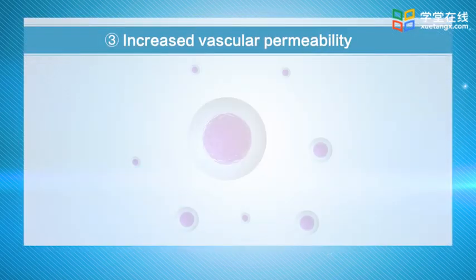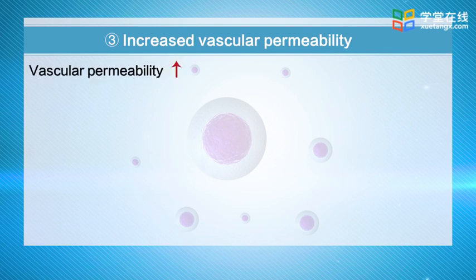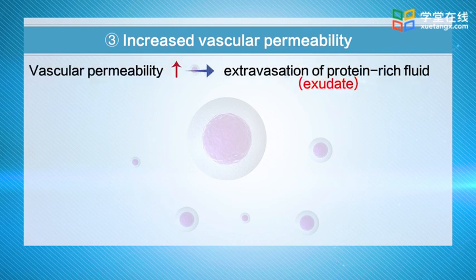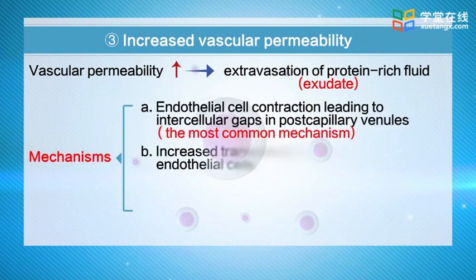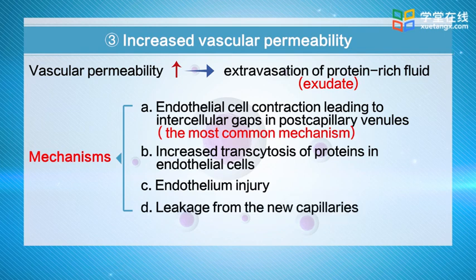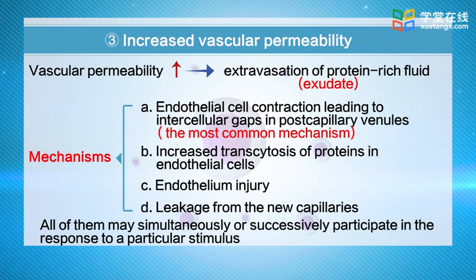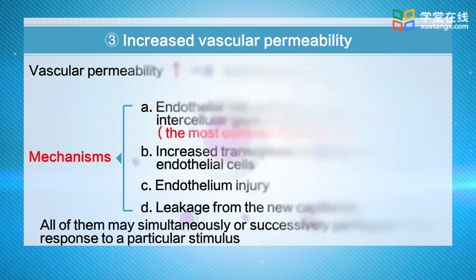As mentioned earlier, vasodilation is quickly followed by increased vascular permeability and subsequent extravasation of protein-rich fluid. Here, I list 4 mechanisms responsible for this phenomenon. All of them may take place simultaneously or successively. We'll go through them one by one.